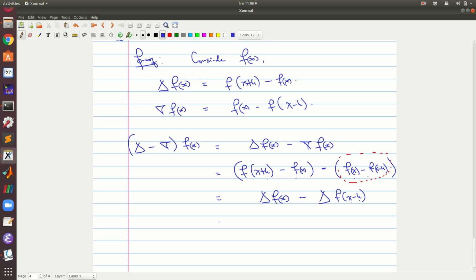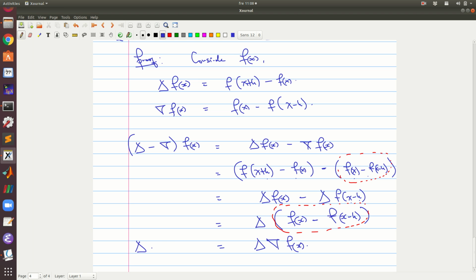So we can pull out the delta here, and then we have f of x minus f of x minus h, and again by definition we know that what we have inside is the backward difference. This is the forward, and this is the backward difference at f of x.